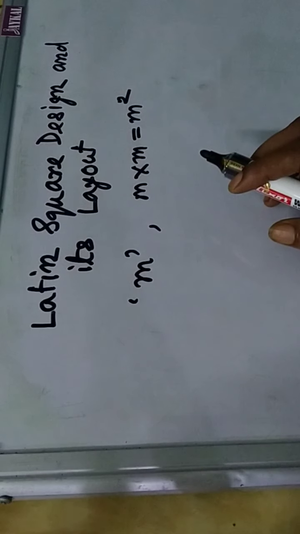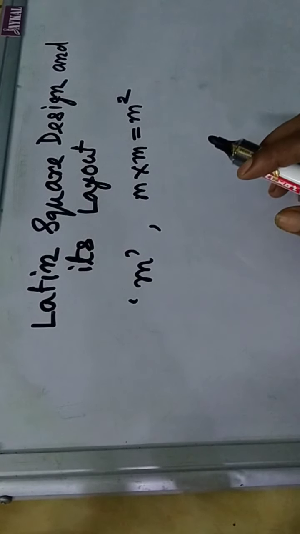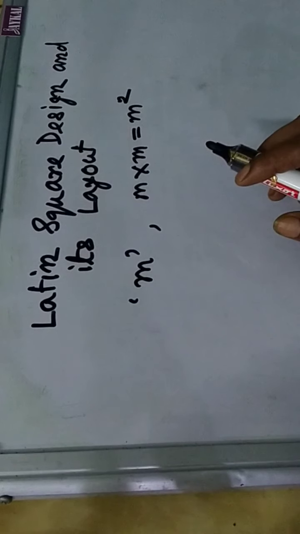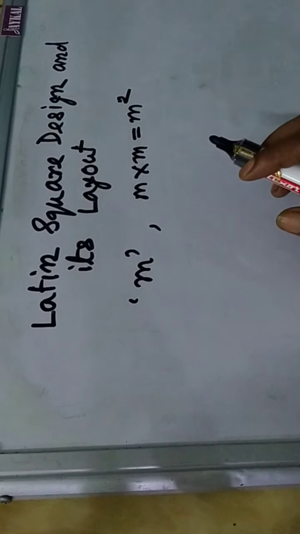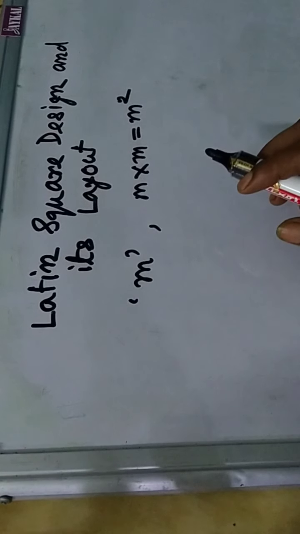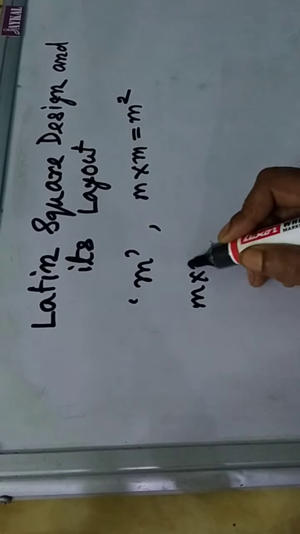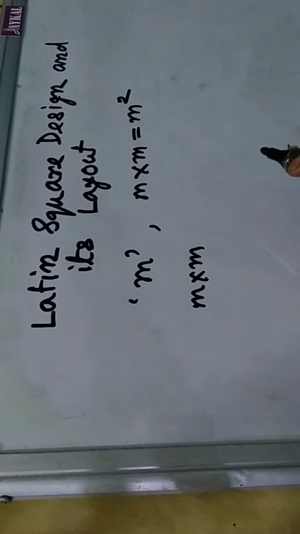The M treatments are then allocated at random to these rows and columns in such a way that every treatment occurs once and only once in each row and each column. Such a layout is known as M by M Latin square design, and it is extensively used in agricultural experiments.